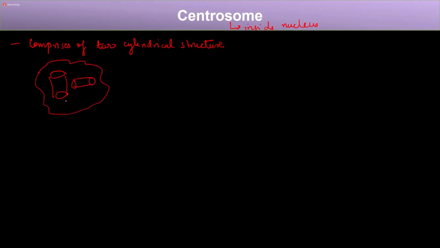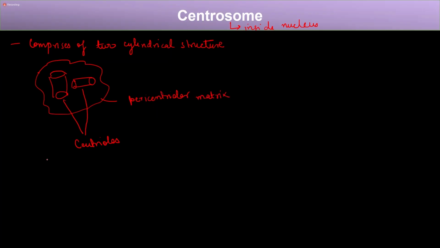Now, what are these two cylindrical structures? These two cylindrical structures are called centrioles. And they are surrounded by this pericentriolar matrix.